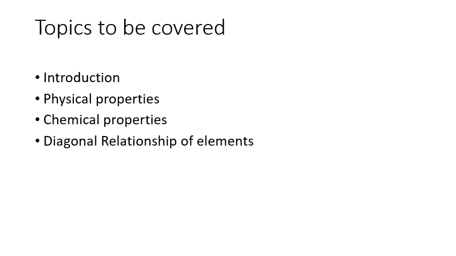What is the property meaning in the periodic table? So for the S block elements, we learn its physical properties. Then we go for its chemical properties and the very important relationship we have to see in the S block element, that is the diagonal relationship of the elements.